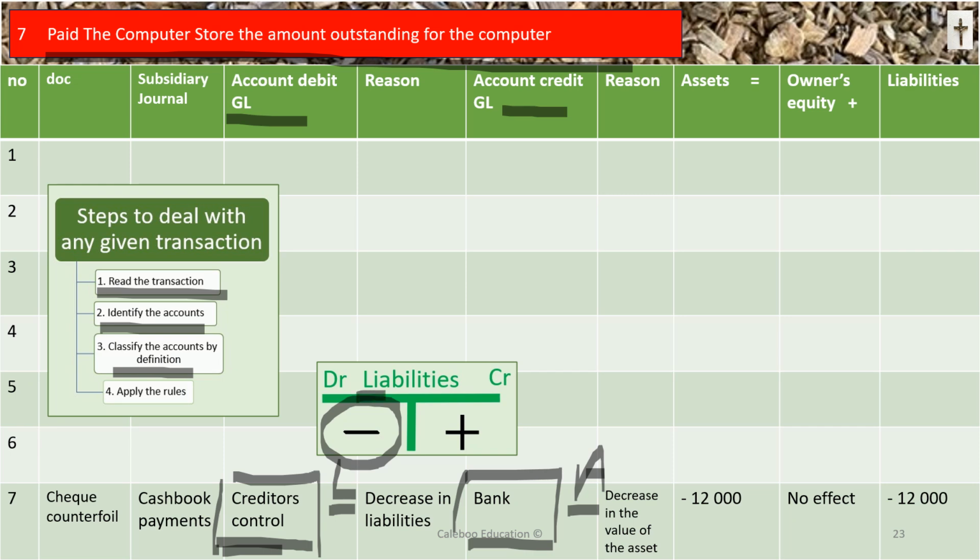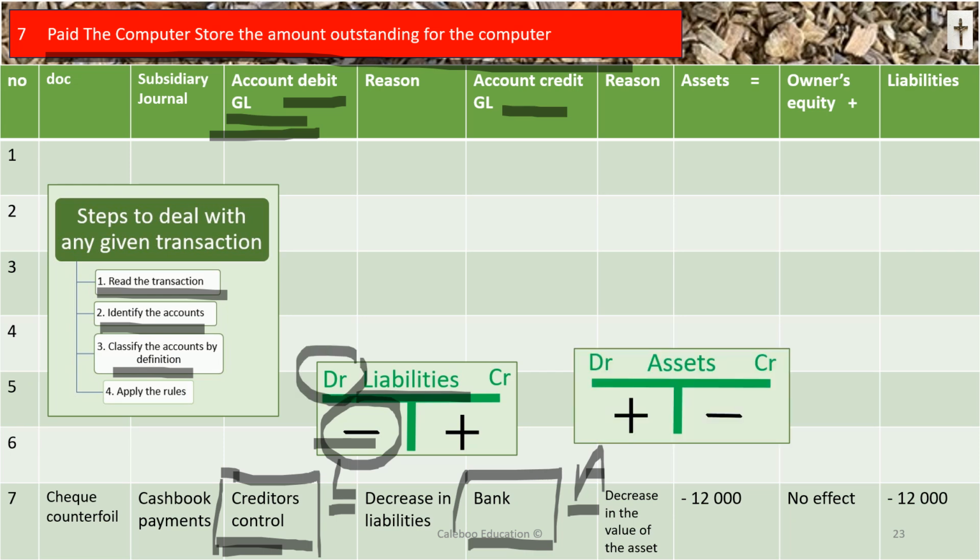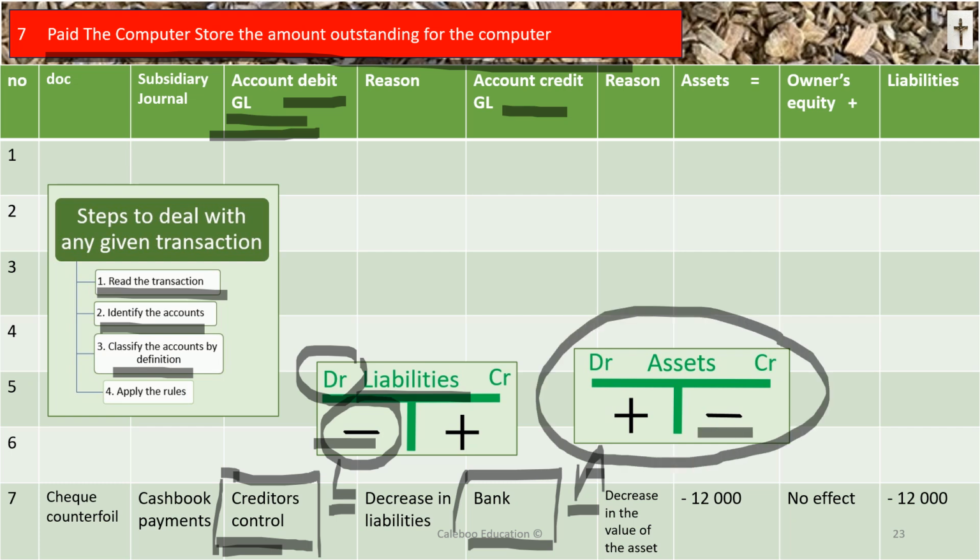A decrease in liabilities results in the general ledger account being debited. Creditors control is debited. The rule says decrease in liabilities, debit. What has happened to our bank balance when the payment was made? Minus. The value of the bank balance has decreased. The account needs to be credited.